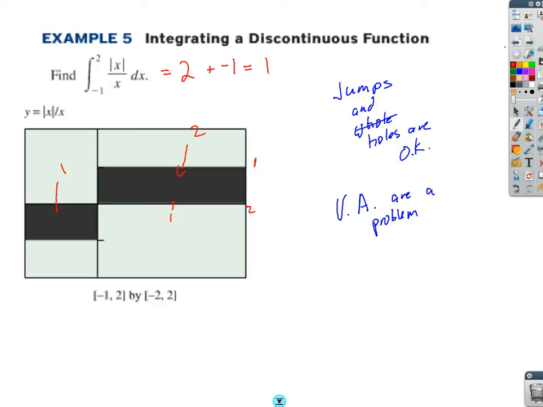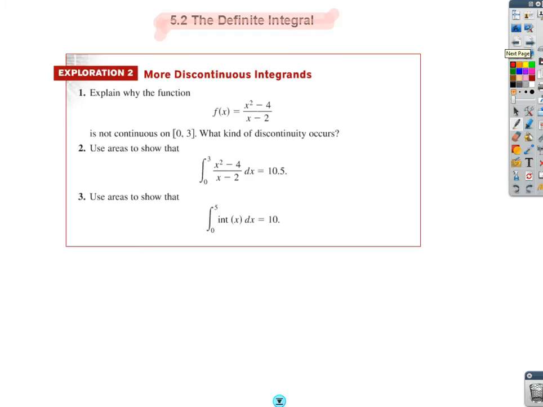All right, let's take a look at the next one. The next one is more of an exploration, and we have to look at this type of discontinuity. We looked at a jump discontinuity; now we're going to look at a hole discontinuity. How do I know what's a hole? Well, when I factor this out to x plus 2 times x minus 2, all over x minus 2, these cancel.